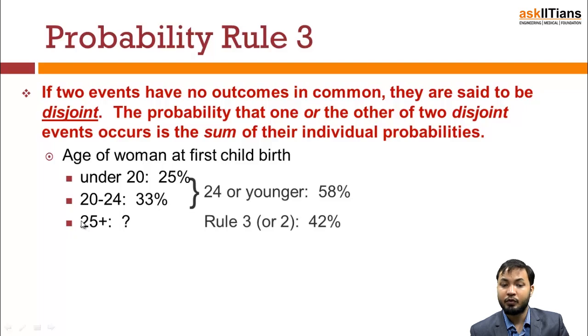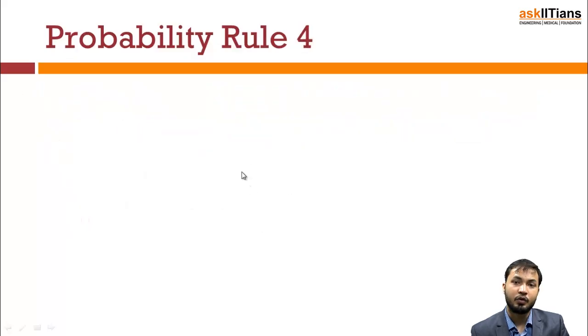Then what would be 25 plus? The sum of all these three must be 100, so we subtract these two from 100 and we get 42, as given over here. So this is what we understand in rule 3.